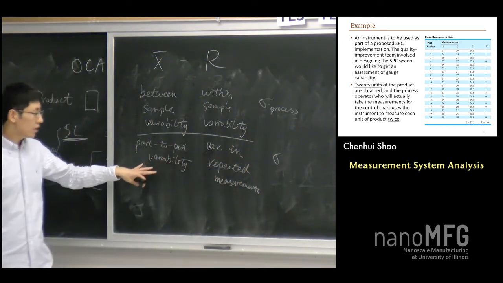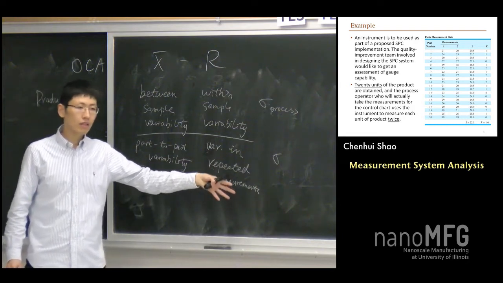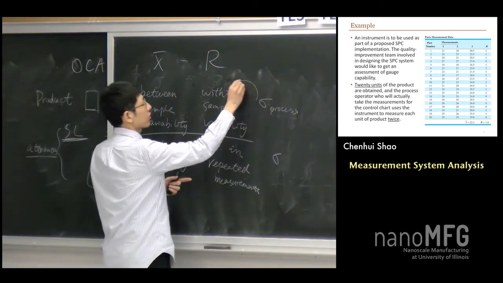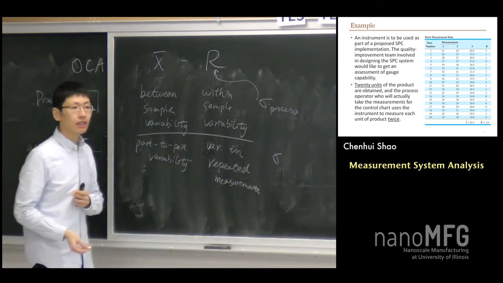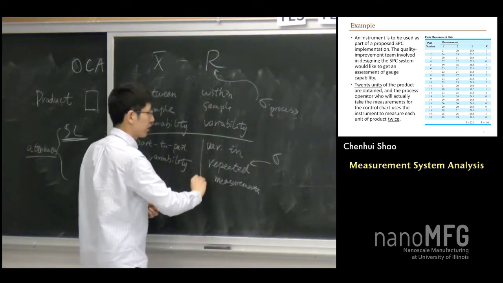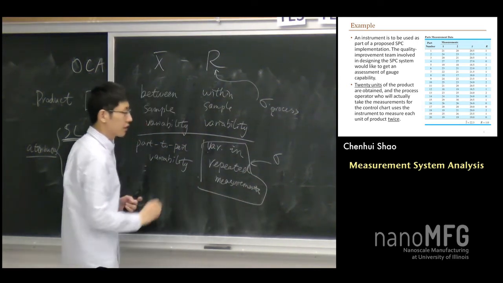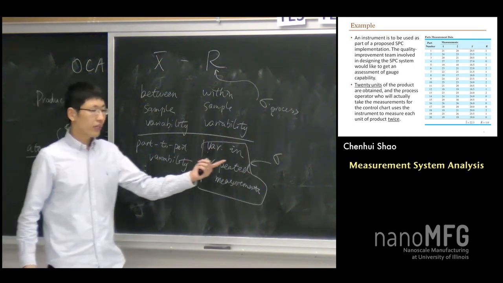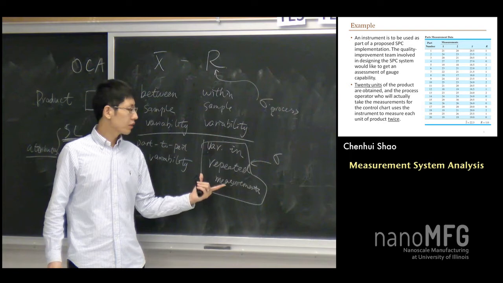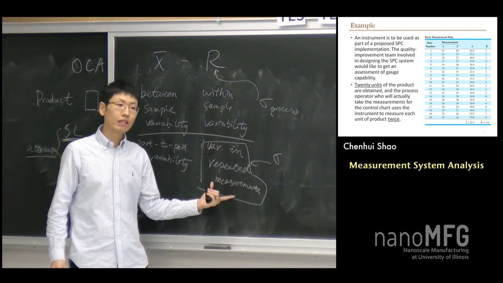Is it sigma part, sigma repeated environment, or something else? So sigma here is really reflecting this, right? So it should be the estimation of this. If we have a sigma value for this, does this mean that we have an estimate for the gauge repeatability?